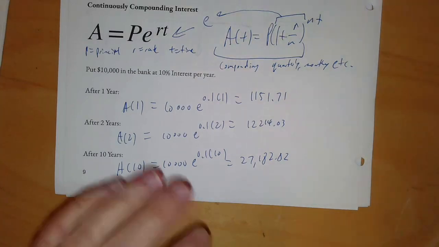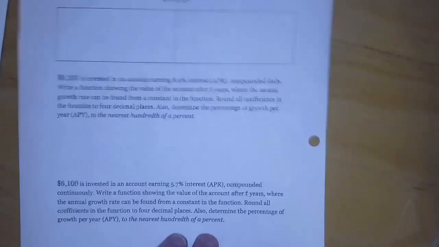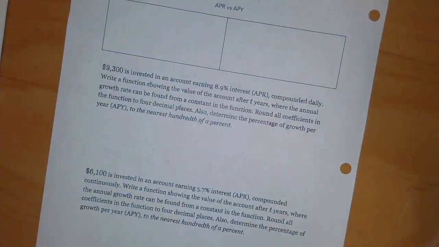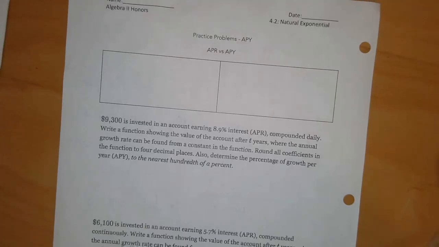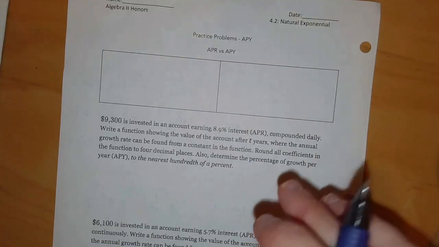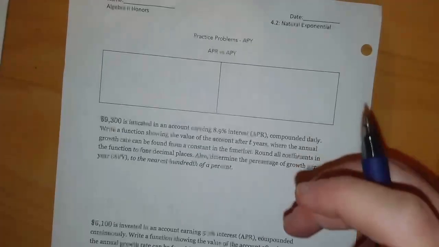Okay, so the last thing I want to cover is some of the homework questions that you're going to get. You've got these problems that ask about APY. So I want to talk about the difference between APR and APY, and how we find APY.